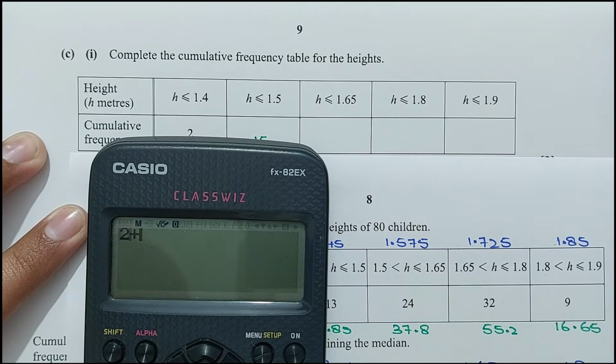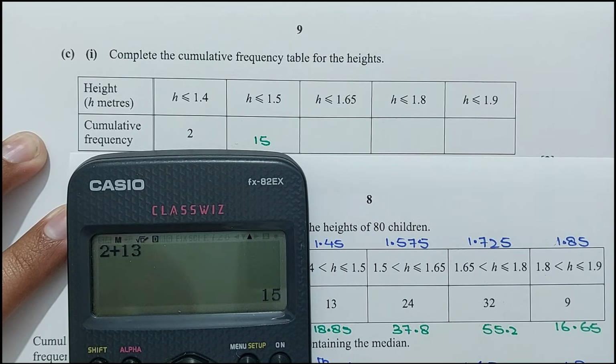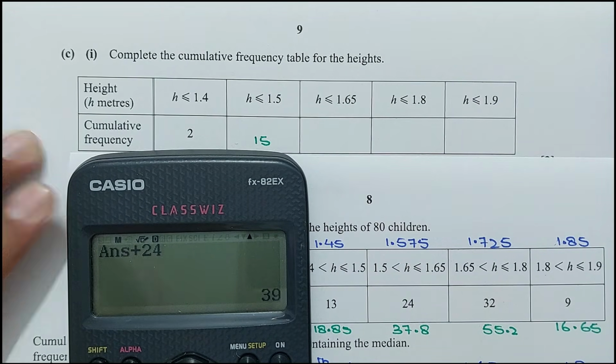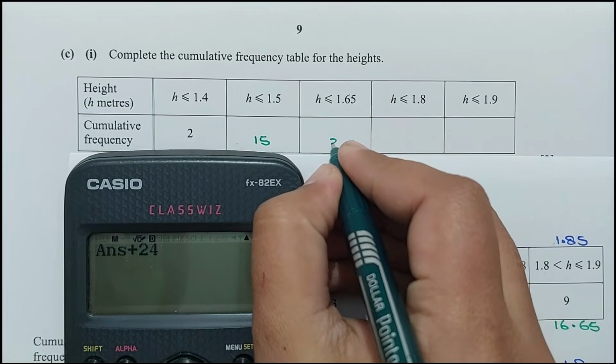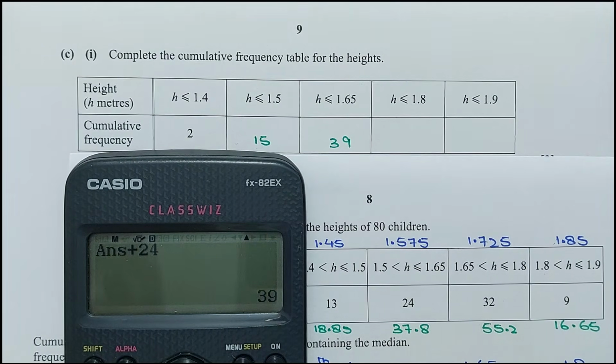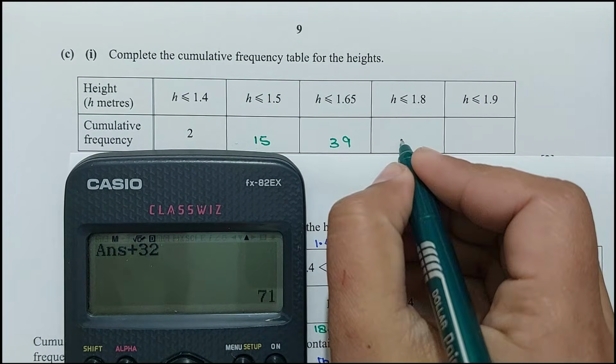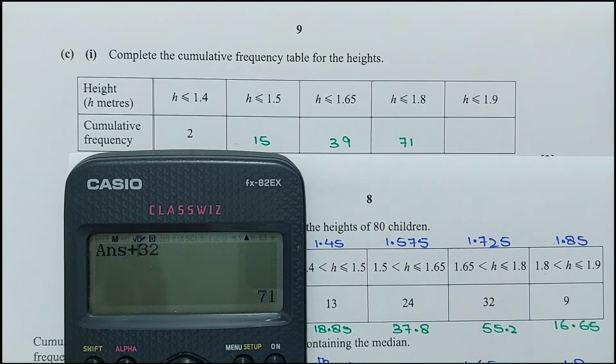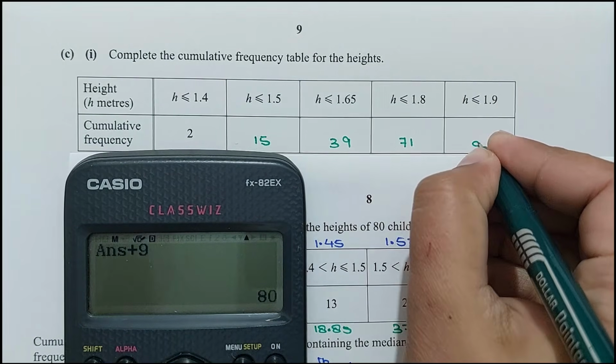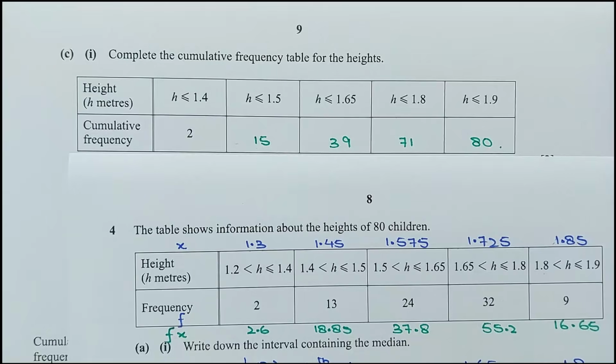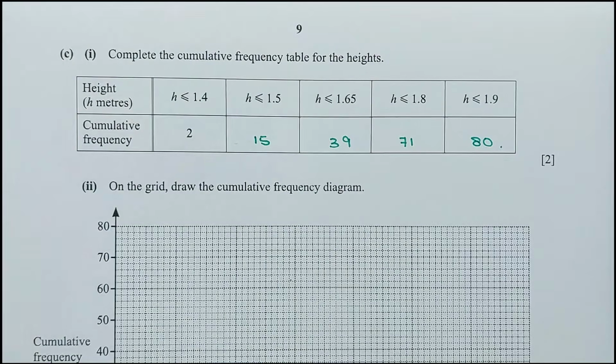Right. 2 plus 13 is 15. The next is 24, which is 39, adding 24. The next add 32, which is 71, and add 9, which is 80. Right. The cumulative frequency table is completed.